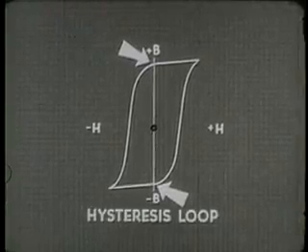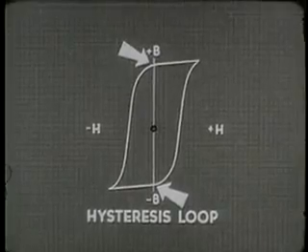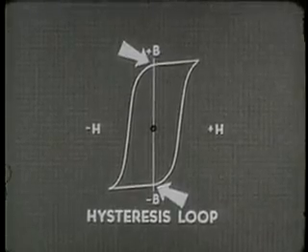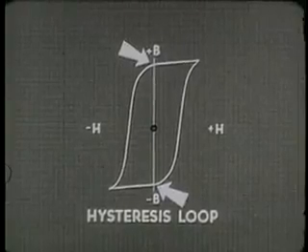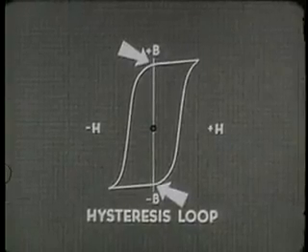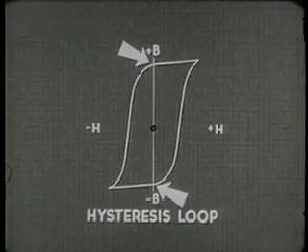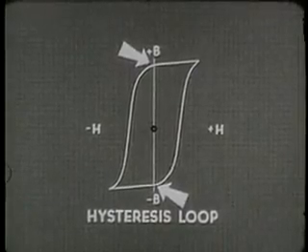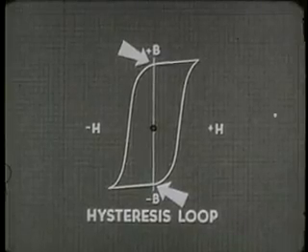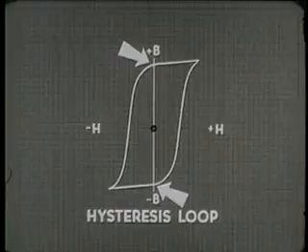The word hysteresis comes from a Greek verb meaning to lag behind. A hysteresis loop, therefore, shows how much magnetism remains behind after the force that produced it is gone. The shape of the loop indicates the ability of a particular core material to retain magnetism.